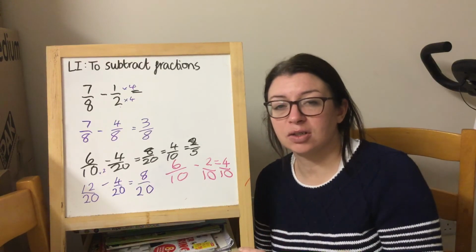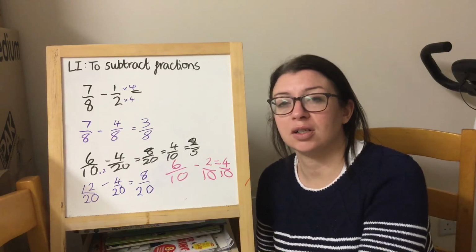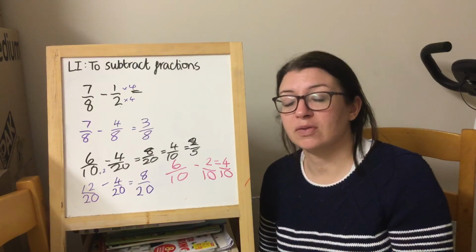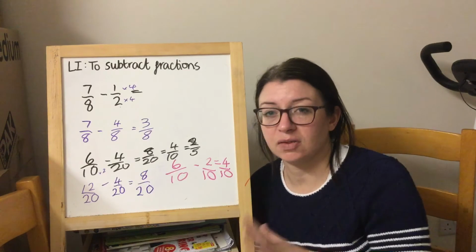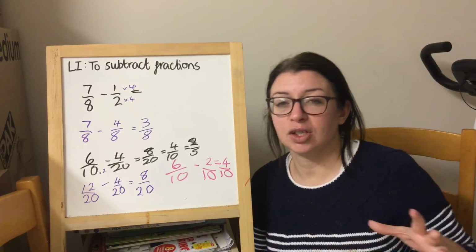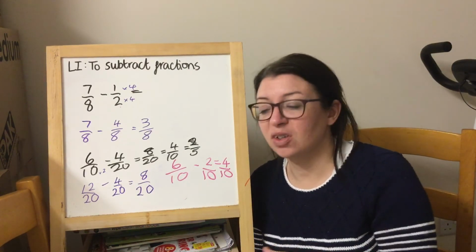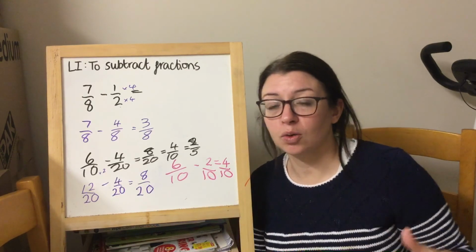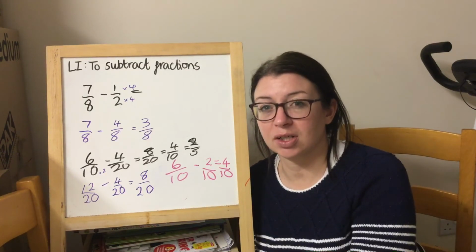Okay, the last 2 slides are the more challenging slides. So if you get there, fab. But what I don't want you to do, for those of you that are starting to find those first 2 slides quite easy, is that you breeze through those, but then you keep doing more, and actually you spend your entire hour's worth of maths doing all the easier stuff without getting to the tricky stuff.